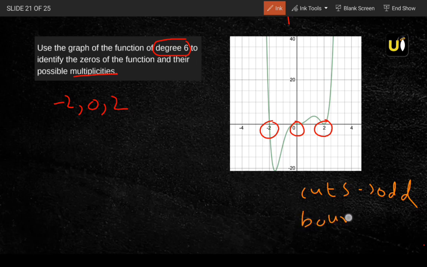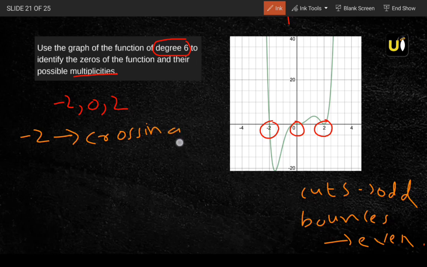From the given graph, at -2 the graph is crossing the x-axis, as well as at 2, and at 0 it is bouncing off. That means the multiplicity is odd for -2 and 2, and it is even for 0.